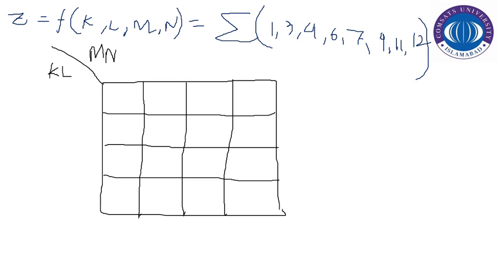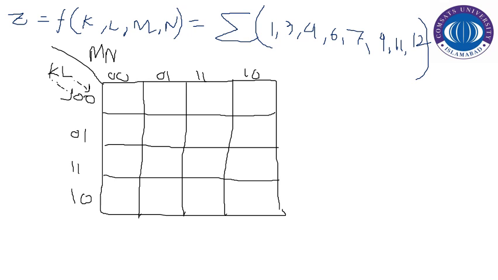Now the possible values for the rows are 0, 0, 0, 1, 1, 1, and 1, 0, where the first literal is k and this is l. Similarly, for the columns, we've got 0, 0, 0, 1, 1, 1, and 1, 0.